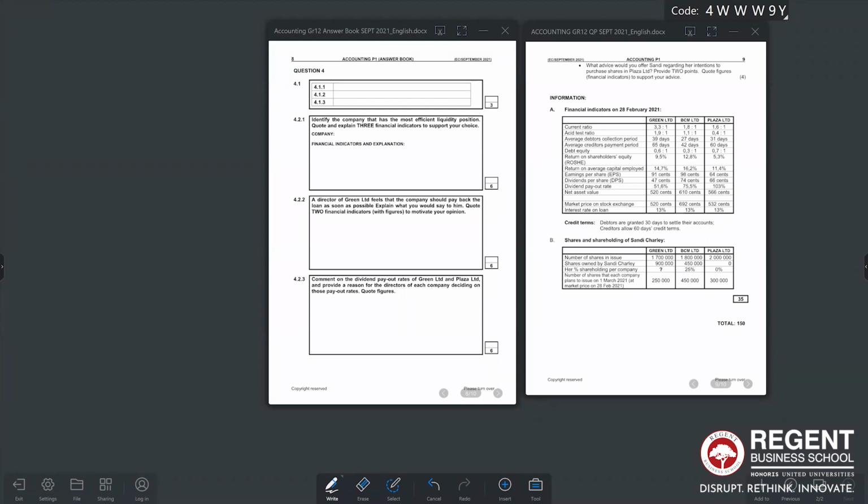So let's look at Green Limited. Go look at debt equity, 0.6:1. Now 0.6:1 means for every 1 rand invested by the shareholders, the company is borrowing 60 cents from the bank.